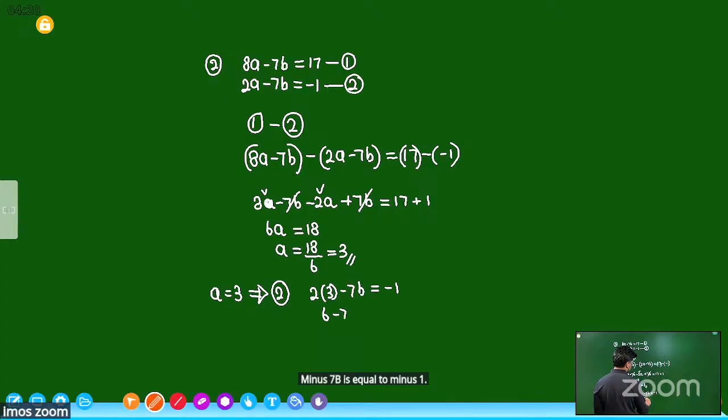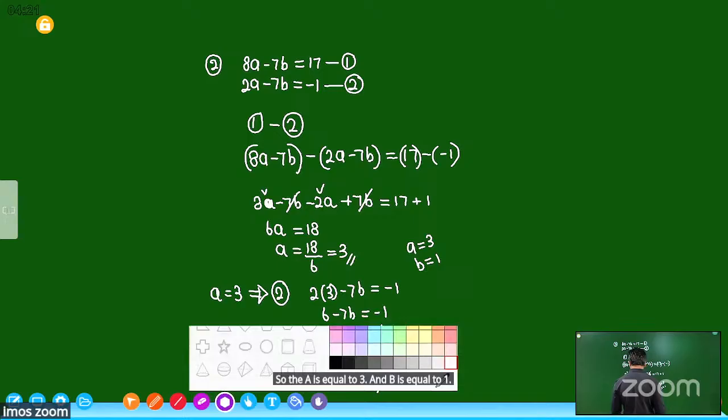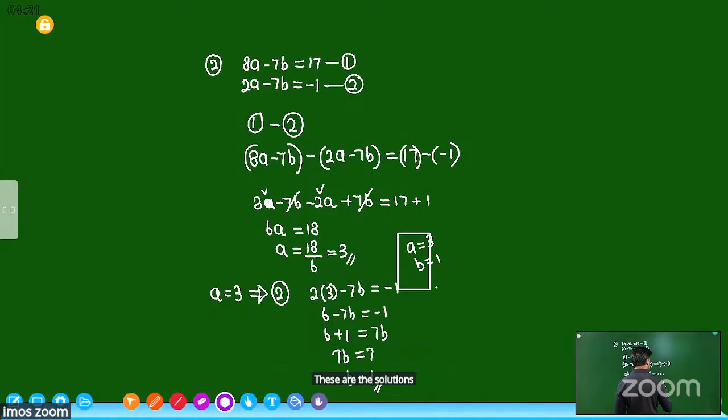So 6 minus 7b is equal to minus 1. Take minus 1 over, take minus 7b over. So 7b is equal to 7, so b is equal to 1. So a is equal to 3 and b is equal to 1. These are the solutions of the simultaneous equations.